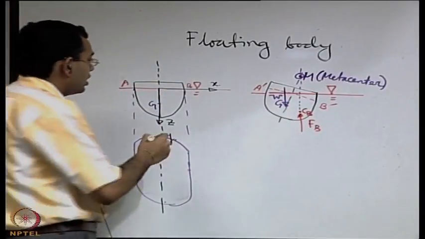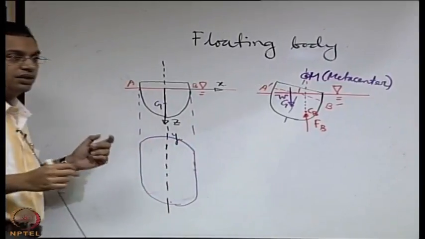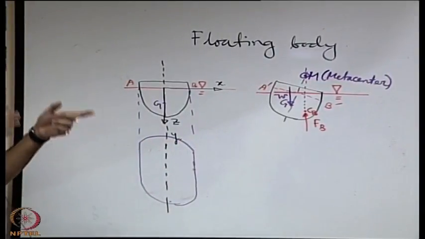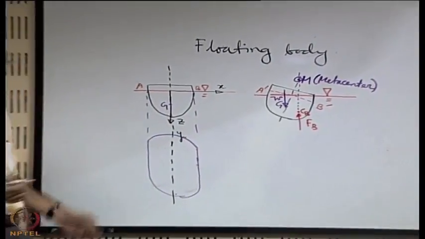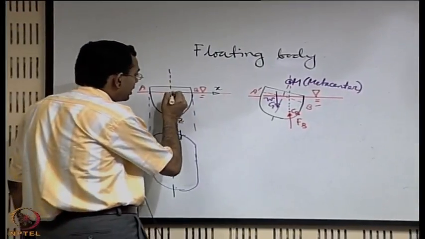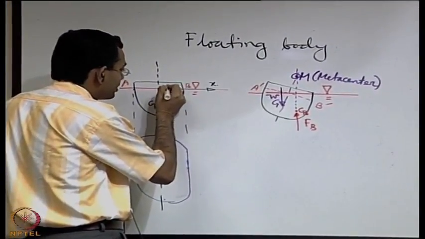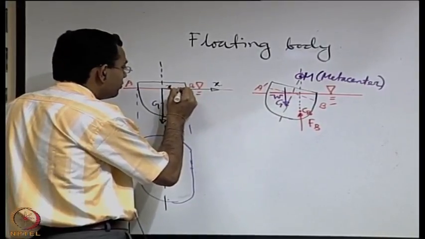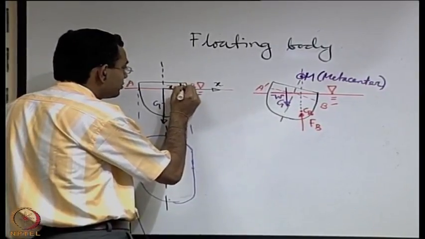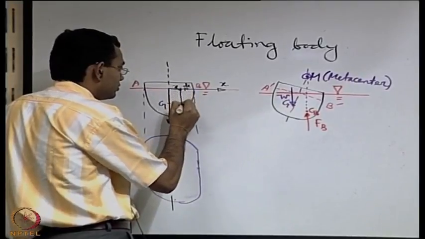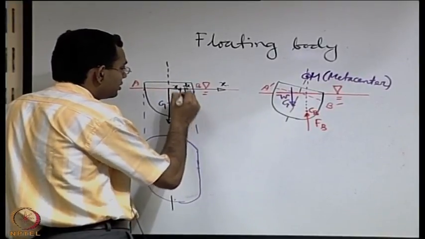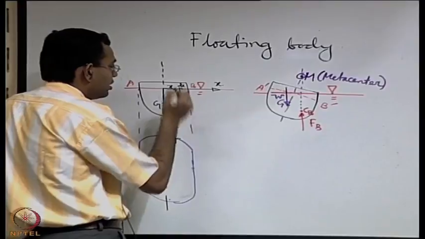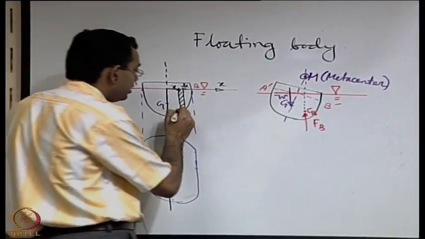Now if we consider how we calculate the submerged volume, the volume of the solid which is there within the fluid. Let us say that at a distance of x we take a small element of width dx, and this element has a depth of z.